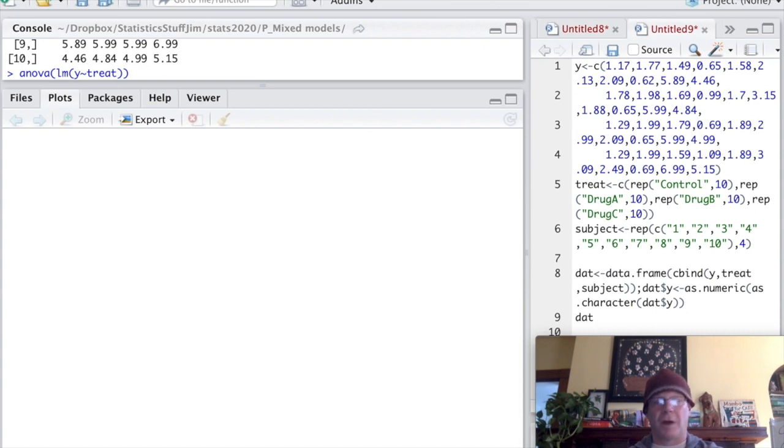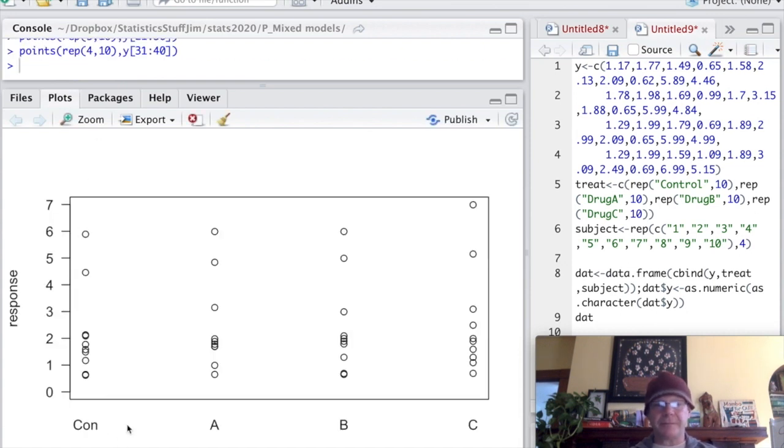This is just the raw data that I'm plotting here for the control group, treatment A, treatment B, and treatment C. You can see there's a lot of spread in these points, and so maybe it's not entirely surprising that we failed to reject the null hypothesis if there was any difference, just because there's so much variance there. We have very little power to detect what would relatively be a small effect size.